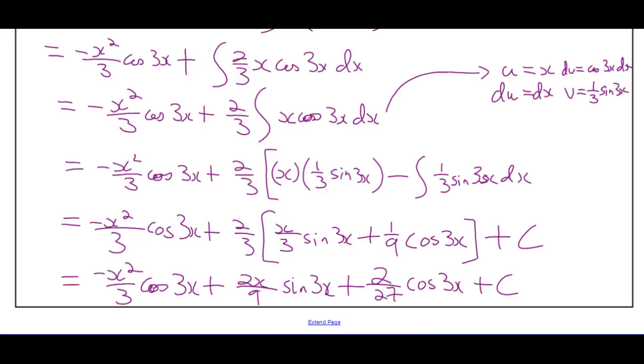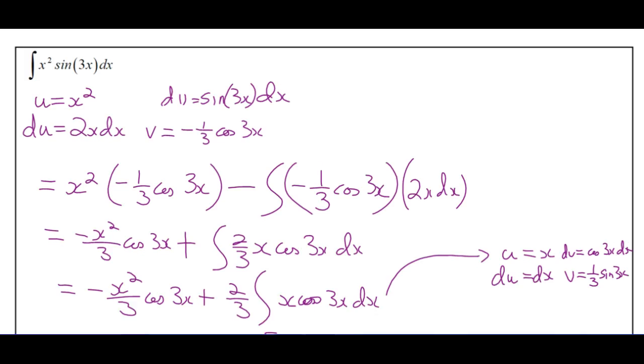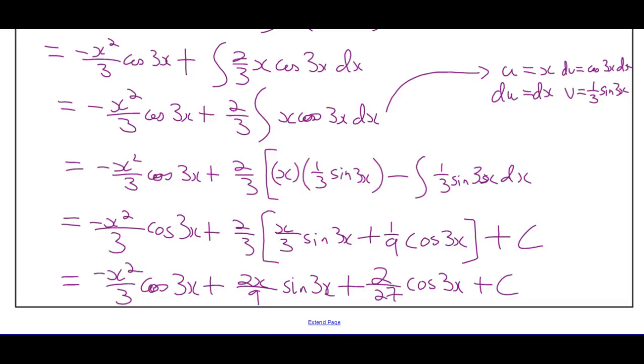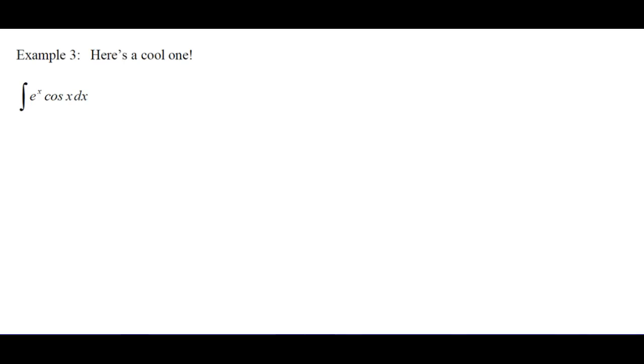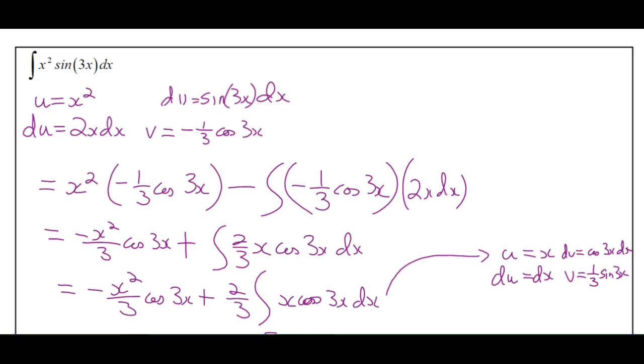These are in no way, shape, or form obvious. Like, hey, I take the derivative, I'm going to get that. But if you do actually take the derivative of that, you will get that. Obviously stuff would cancel out there, because I need to end up with x squared sine of 3x. Okay, I got all that stuff.